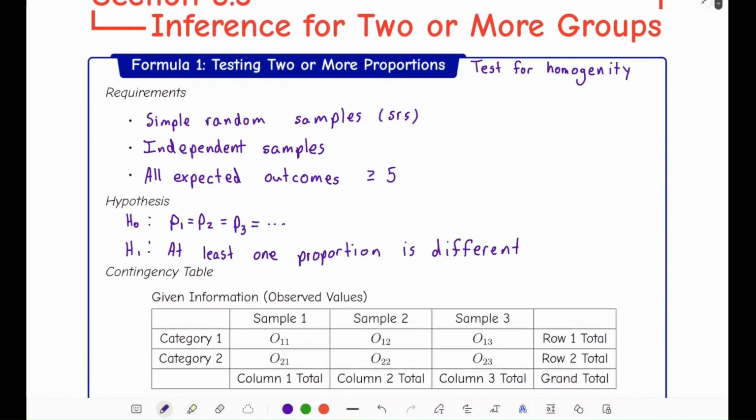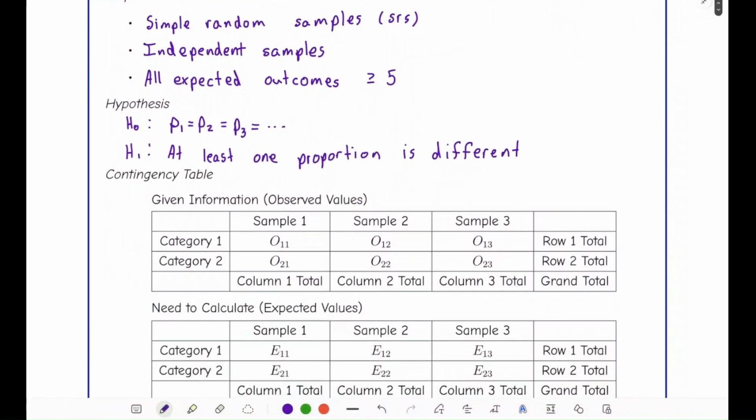Okay, so when you're doing these types of problems, you'll either be given the contingency table or they'll give it to you in paragraph form and you'll make the contingency table. And this is just an example of what one might look like with 3 samples and we're keeping track of 2 categories. The O11 is saying the observed value for sample 1, category 1.